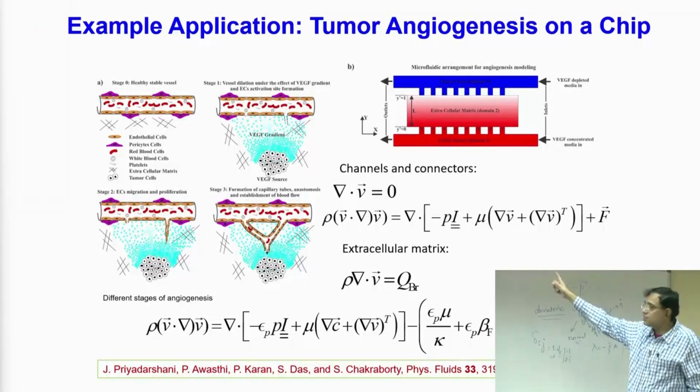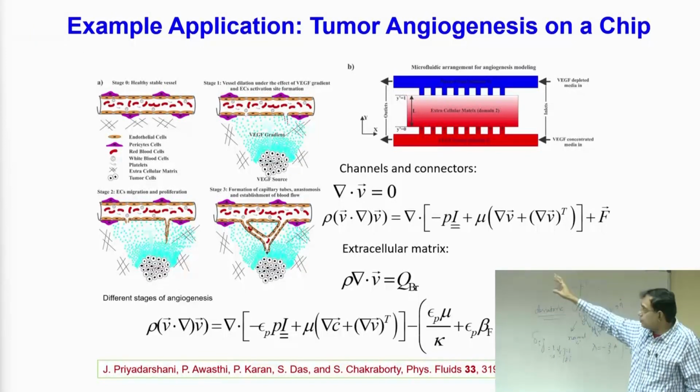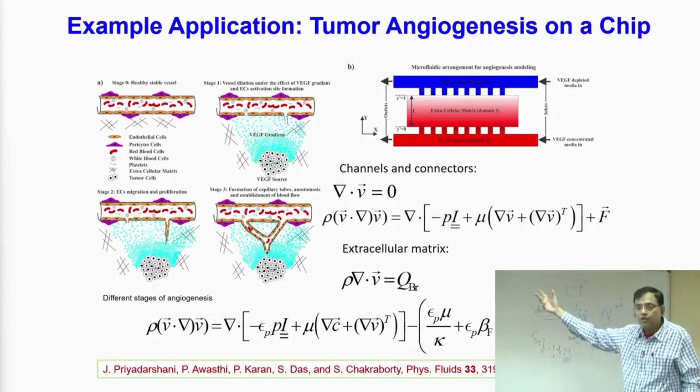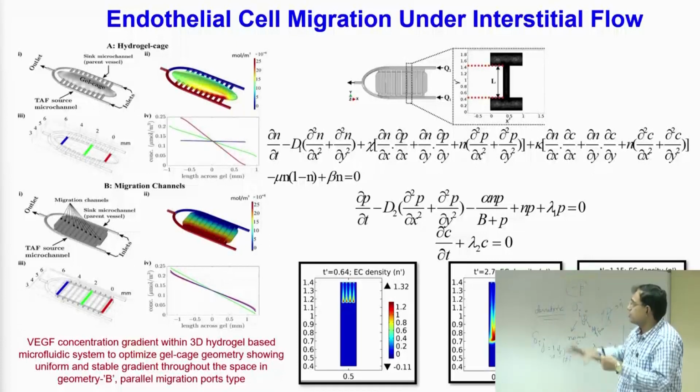So, this is what we mean by a mathematical model. The right hand side is an idealized, simplified depiction of such a complex thing, and with the boundary conditions and the governing equations for fluid flow and mass conservation, the continuity that we talked about, we can get the velocity and pressure.